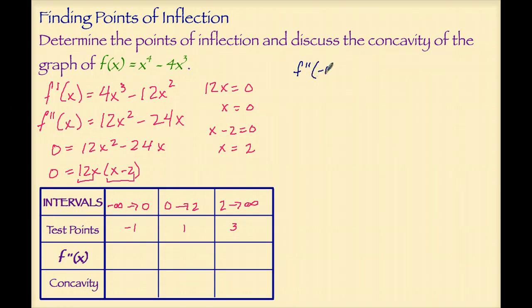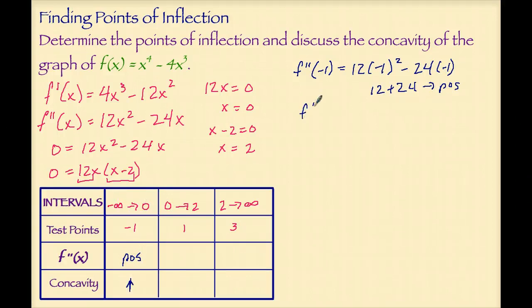So f double prime of -1 is going to be 12 times -1 squared minus 24 times -1. This is going to be 12 plus 24, which of course is positive. That means we'll have a concave up section of the graph from negative infinity to 0.